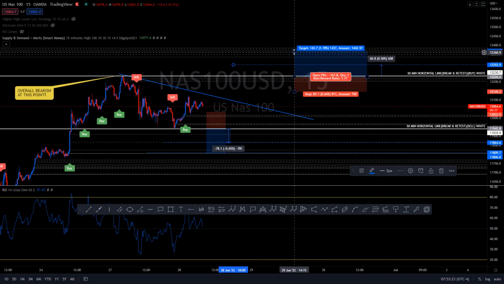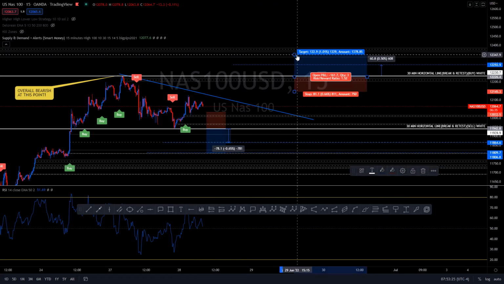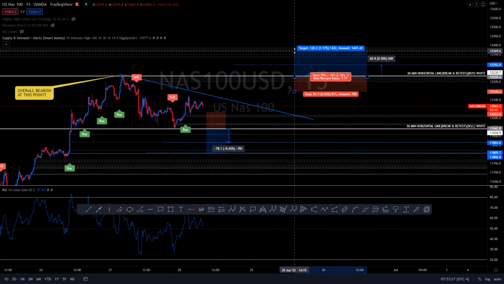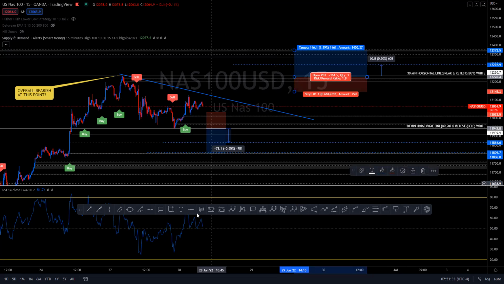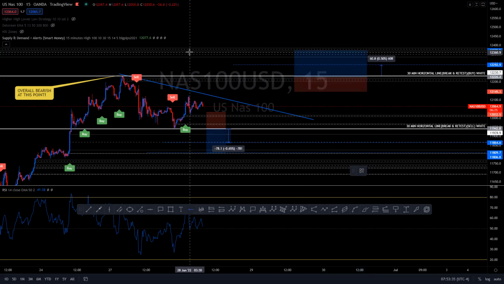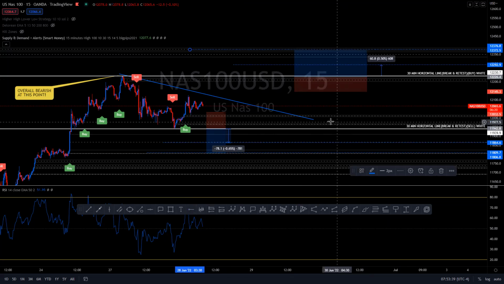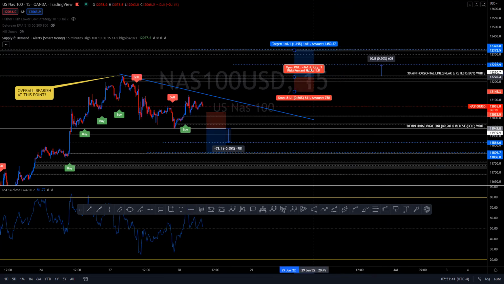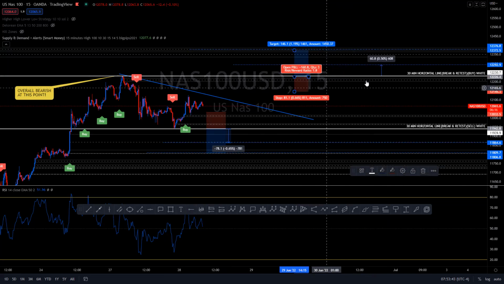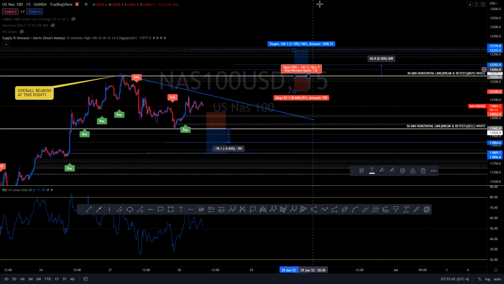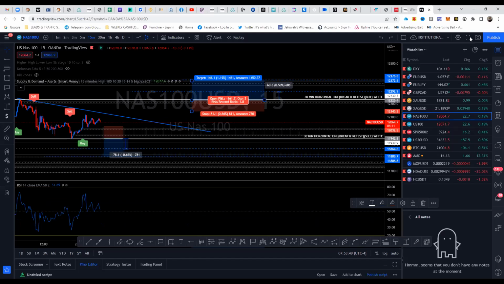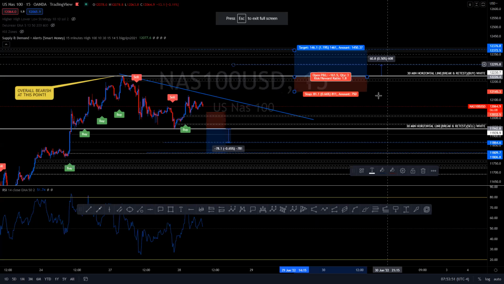Then I would be looking for price to at least maybe hit this resistance zone or this imbalance zone, mitigate this area and then come back down. So I will put the second TP up here. That's what I would be looking for.